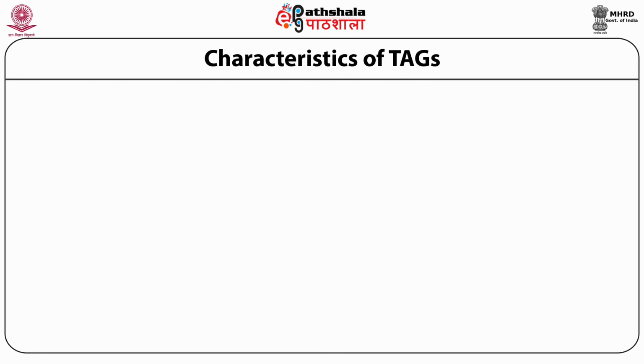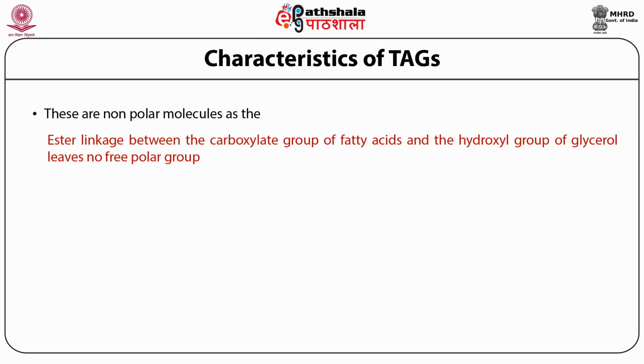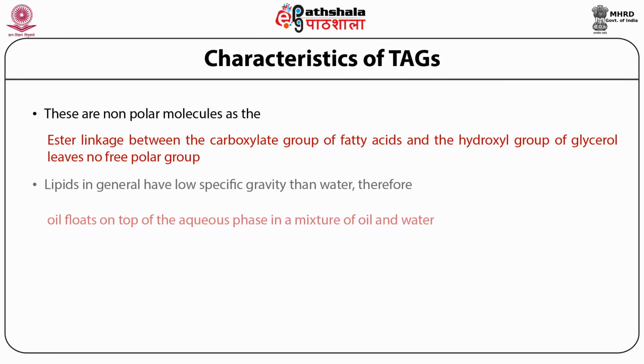Let's have a look at the characteristics of TAGs. So TAGs are non-polar molecules, as the ester linkage between the carboxylate group of fatty acid and the hydroxyl group of glycerol leaves no free polar group. So these molecules are non-polar.